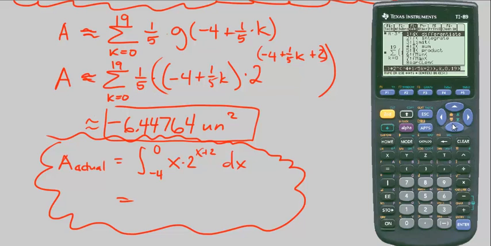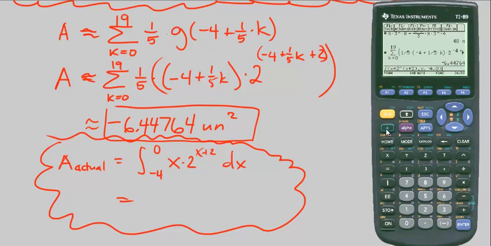So let's go to integrate, and I'm going to put in x times 2 to the power of, in parentheses, x plus 2, comma, with respect to x, so the variable x, comma my starting boundary is -4, my stopping is 0.